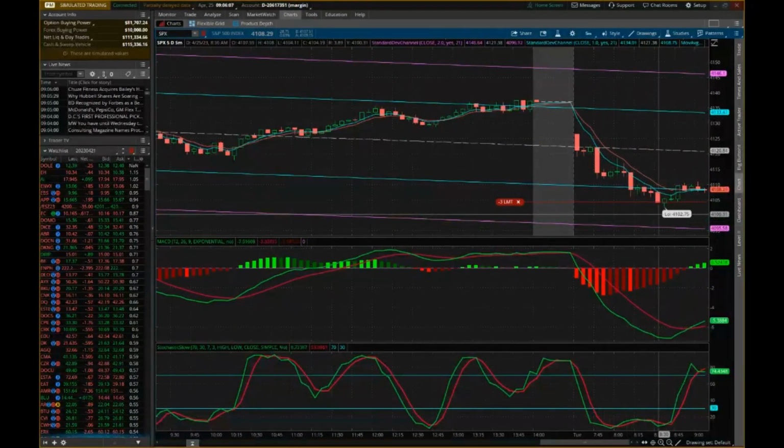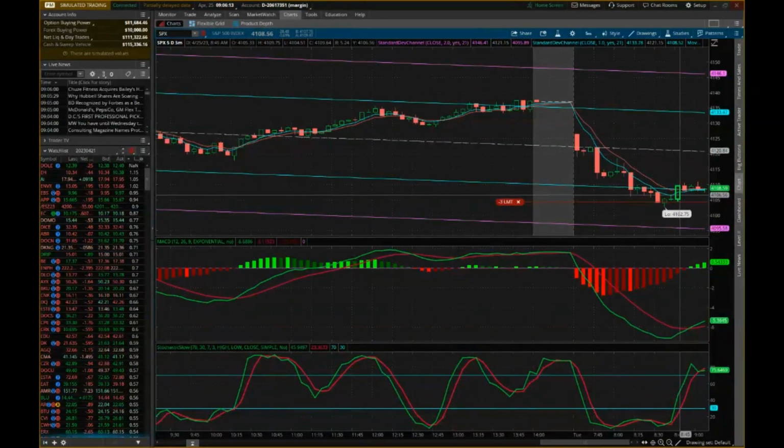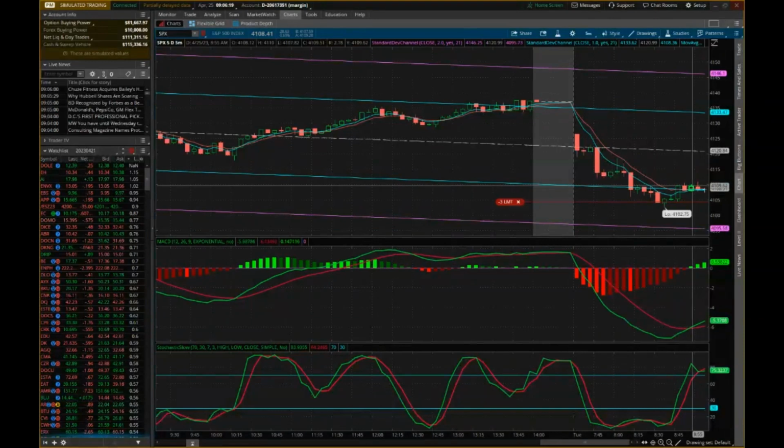But I think I put it in like around this candle, right around here where my cursor is, and then the price continued to run up, and now it's starting to show weakness. So if it comes down and double bottoms here, or touches this level, then I should get filled.